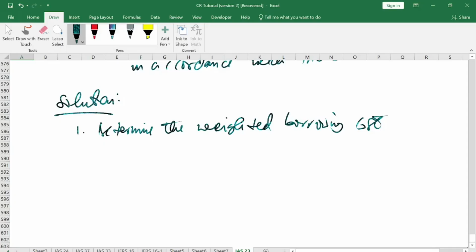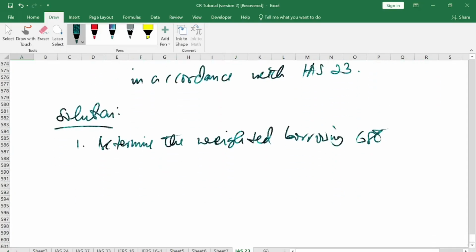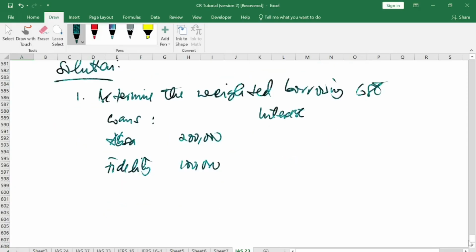One, you first pick the loans: ABSA, which is 200 million, and Fidelity, which is 100 million. Then you have your interest rates: ABSA is 15% and Fidelity is 12%.